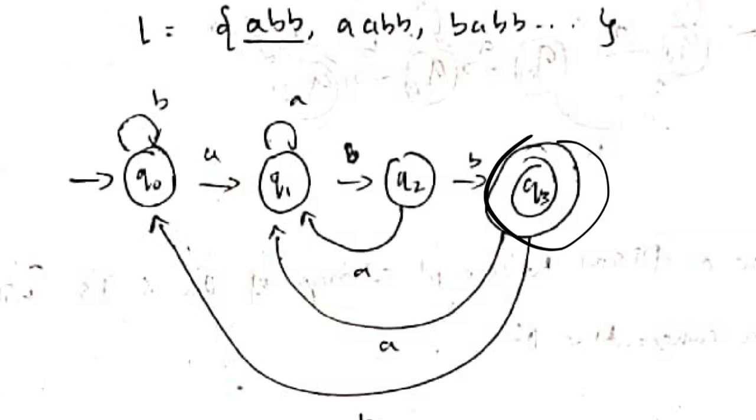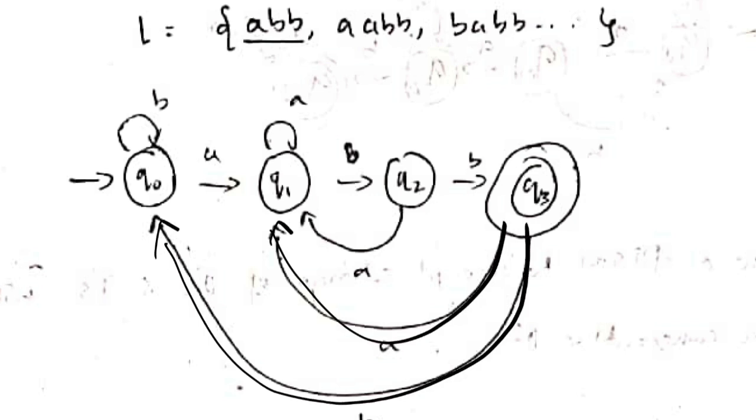Same thing we will do for Q3 also. In Q3 we have to find out for both A and B. The self loop is not possible because if I make a self loop for A it will end with A, or if I choose A going to Q2, it will be BAB, which is a wrong string. So, I have to go to Q1. Then for B also I should go somewhere else.